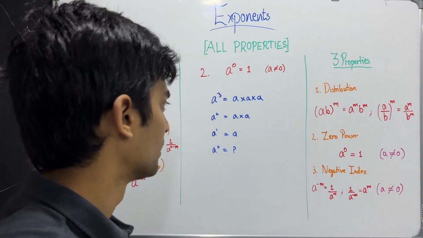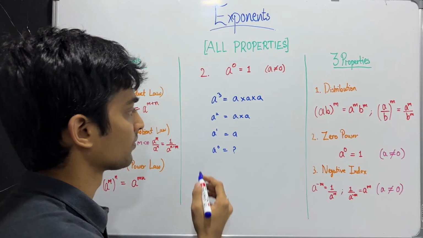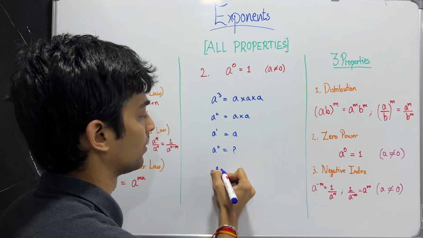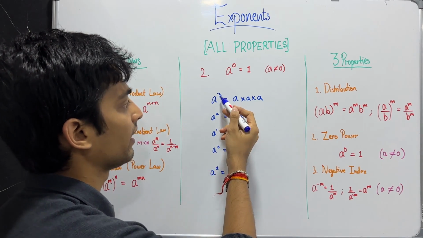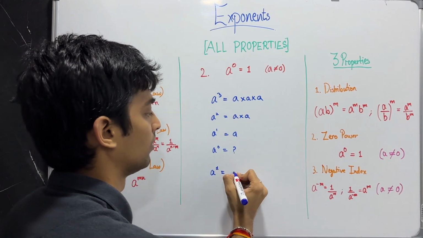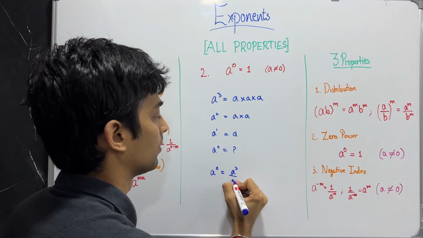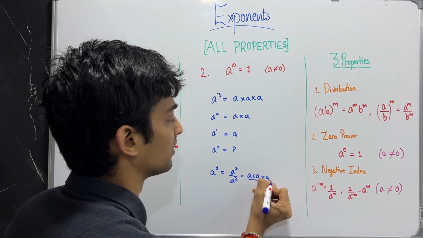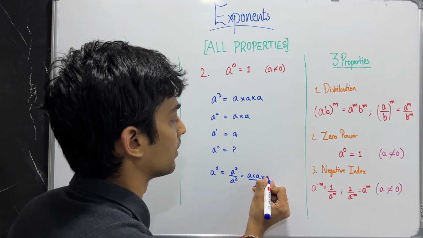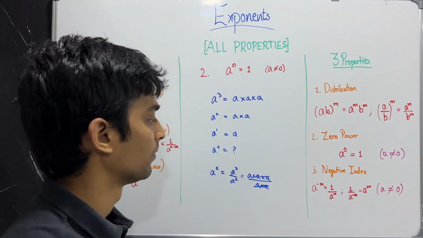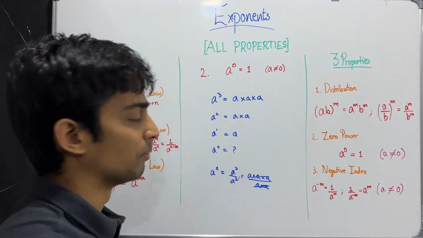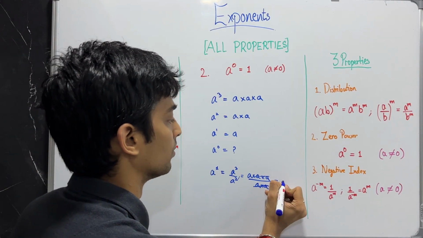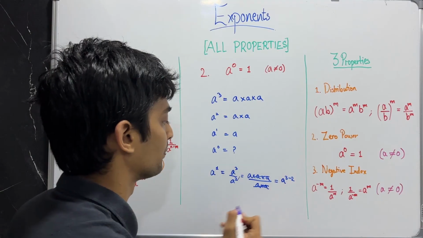Now notice one thing. If we want to find A raised to 1, we can just divide A raised to 3 upon A raised to 2. So this will become 3 times A. This will become 2 times A. Cancel, cancel, we get A raised to 1. So 3 minus 2 is 1. Basically, the exponents are getting subtracted. So this is basically A raised to 3 minus 2.